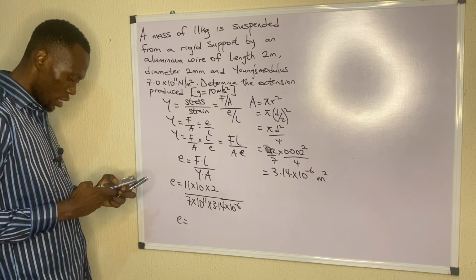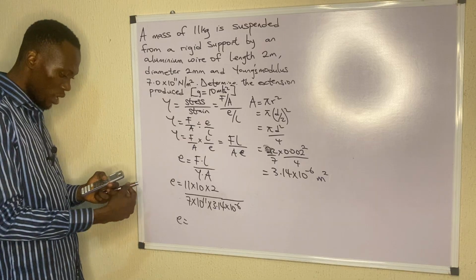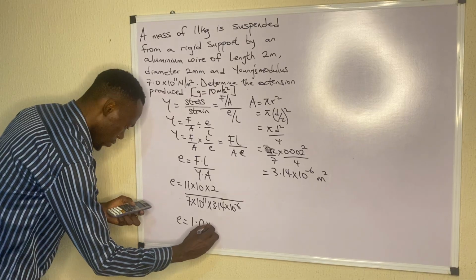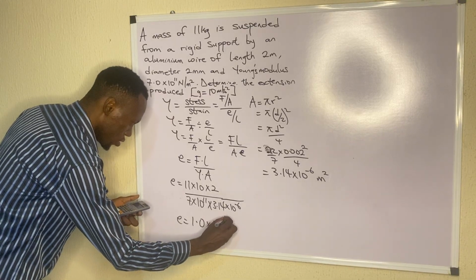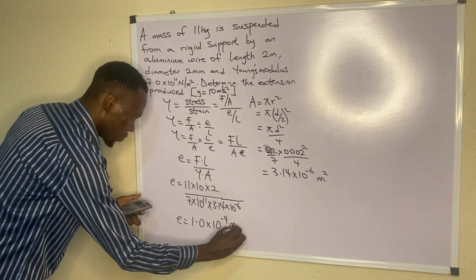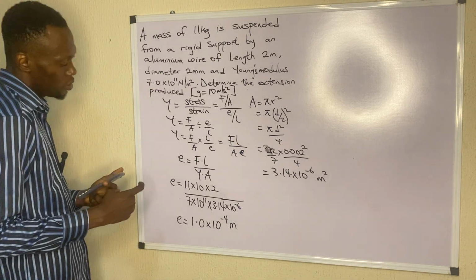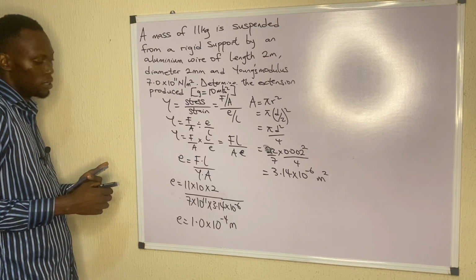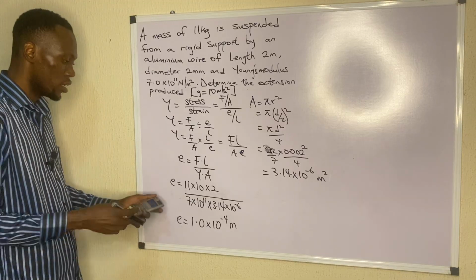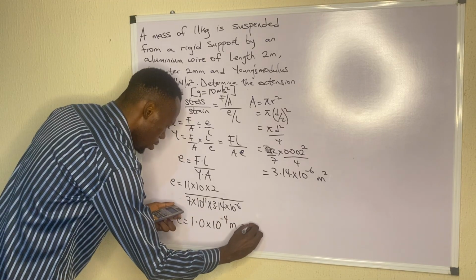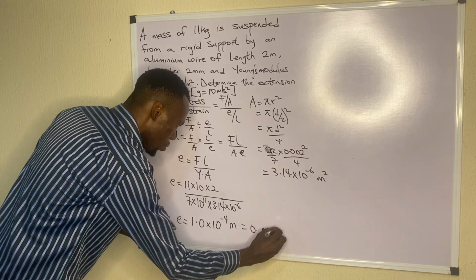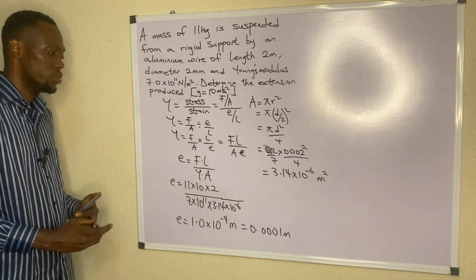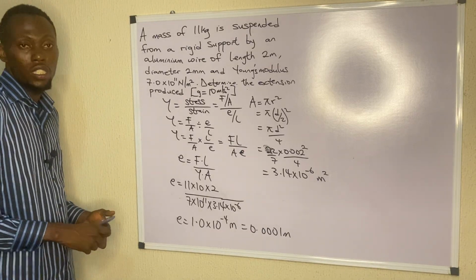Doing that, I have my answer to be 1.0 times 10 raised to the power minus 4 meters. You can just leave your answer like this, or you can put your answer as 0.0001 meters. So this is the extension produced in the aluminium wire.